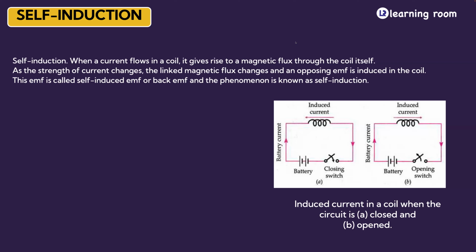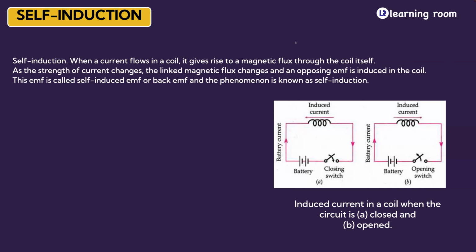So first we try to understand the whole context of this chapter lies in the fact that if there is a change in magnetic flux taking place, there is going to be an EMF that is induced. Am I right? So when we talk about induction, there should be a relative motion between the magnetic source and the coil which is picking it up.